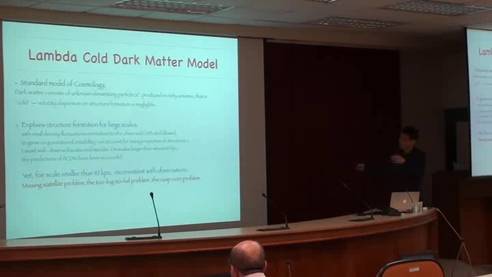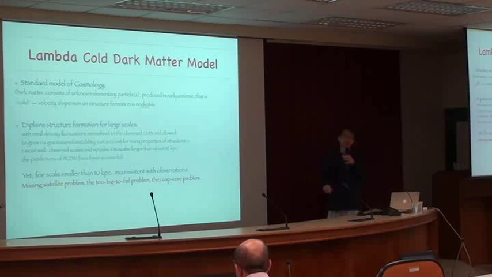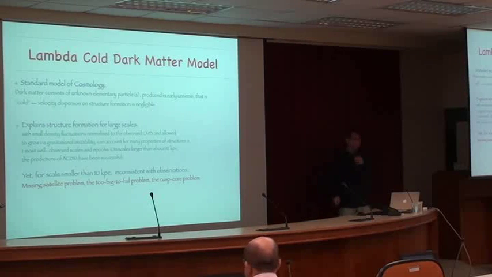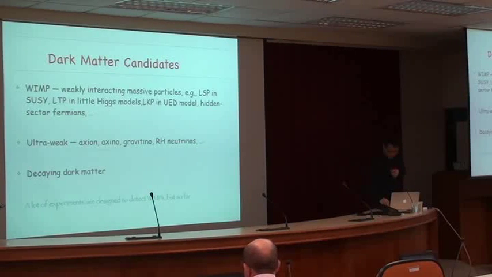And this model can explain mostly all the features on large scales. However, for smaller scales, like less than 10 kiloparsec, it is inconsistent with observations. Maybe most of you have heard of the small scale crisis: the too big to fail problem, the missing satellite problem, and the cusp-core problem. I'll give one slide each to explain what they are.